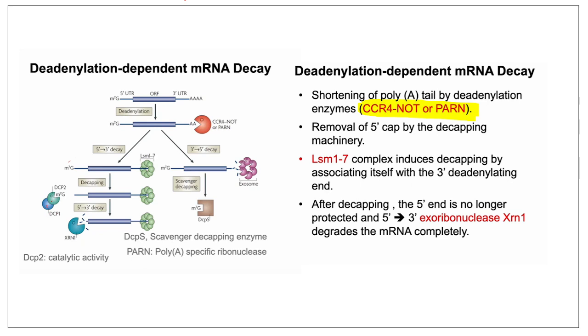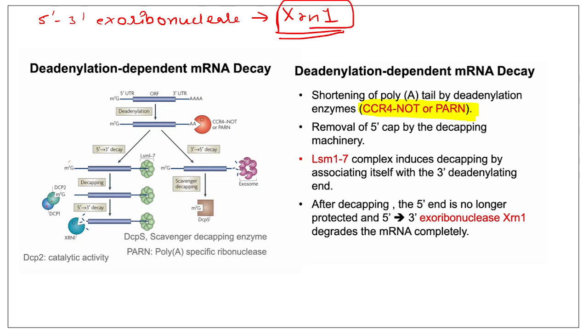So remember that the 5' to 3' ribonuclease is XRN1. So it causes 5' to 3' decay.